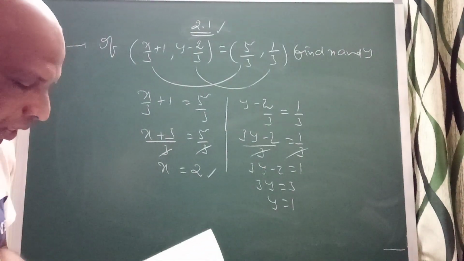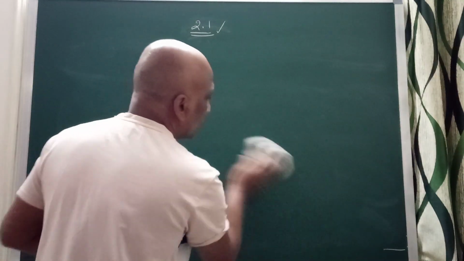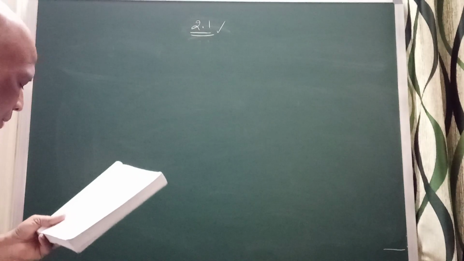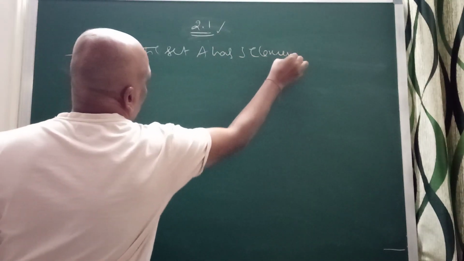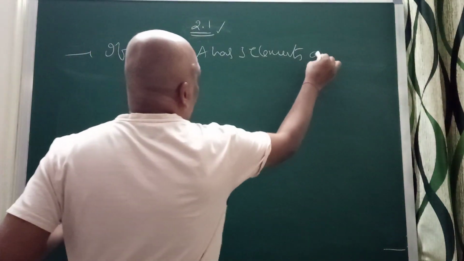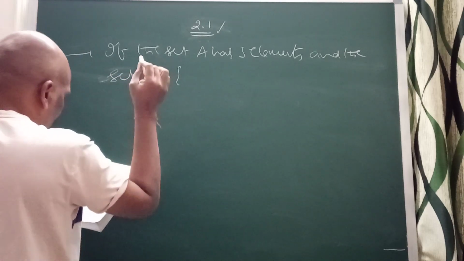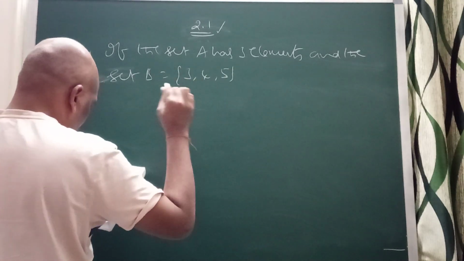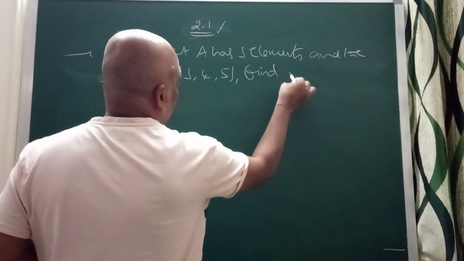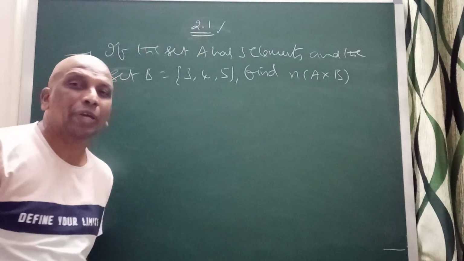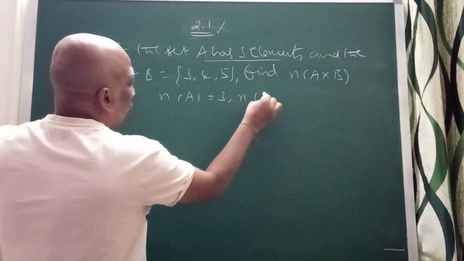Now consider the second problem. If the set A has three elements and the set B is equal to the set {3, 4, 5}, then find the number of elements in A cross B. They are asking for n of A cross B. We know A has three elements, because n of A is equal to 3, and n of B is equal to 3.